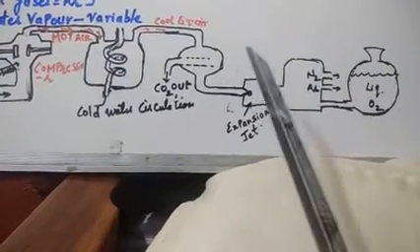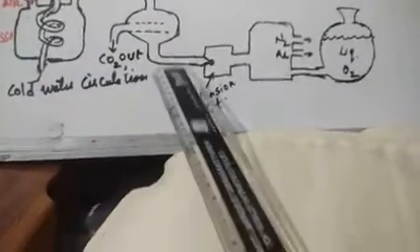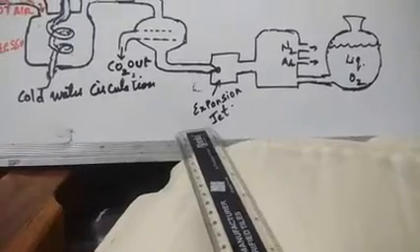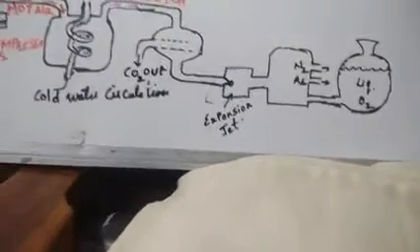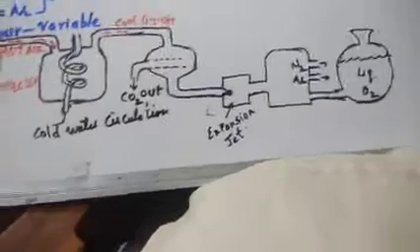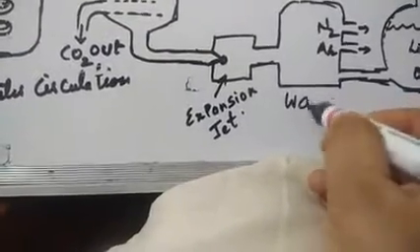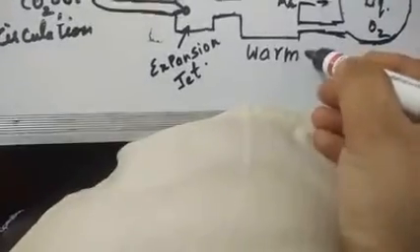And that gas we burn in the burner to cook our food. Okay. So here, as we pass this liquid air through the expansion jet, the air is warmed slowly. Expansion jet से आके हम क्या कर रहे हैं air को? Air is warmed slowly.